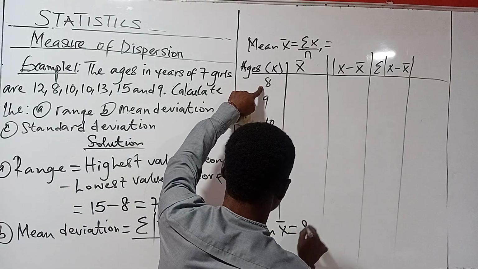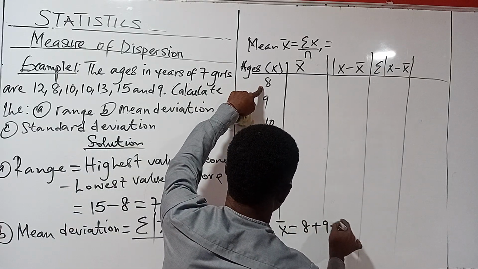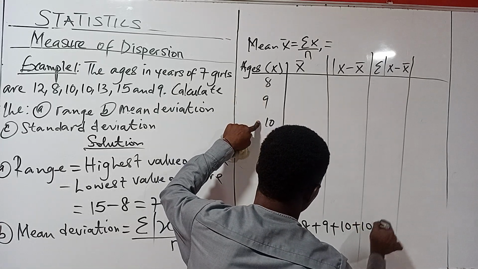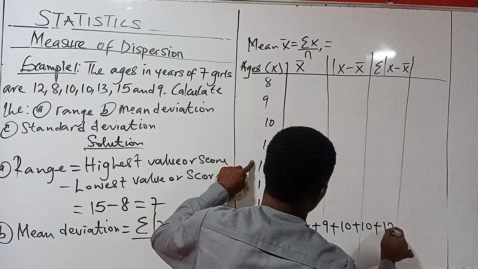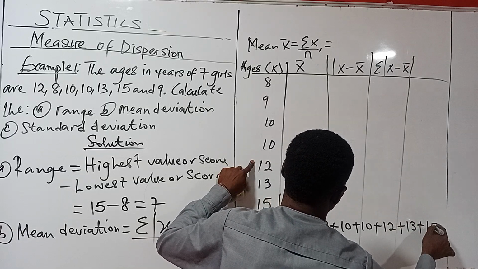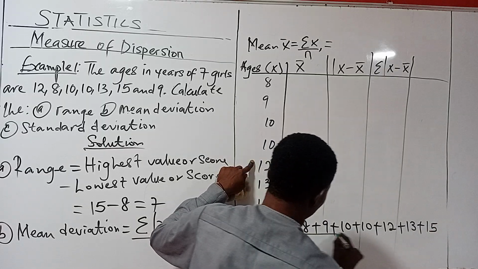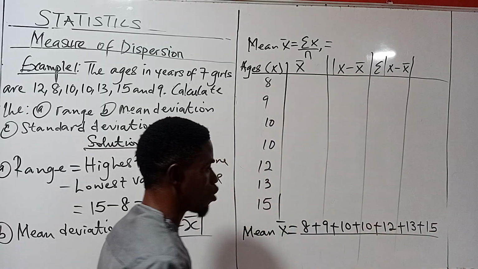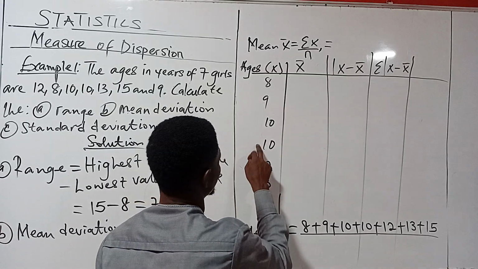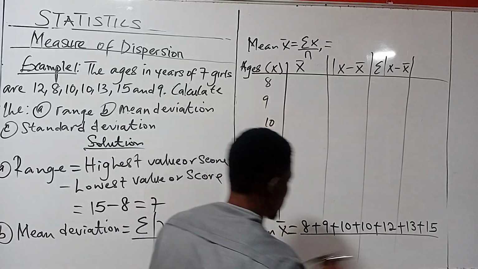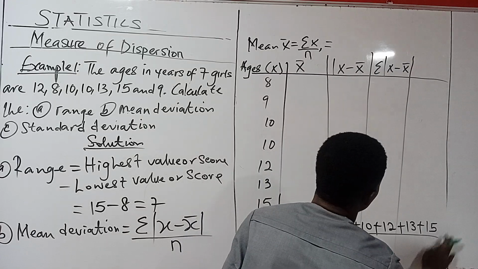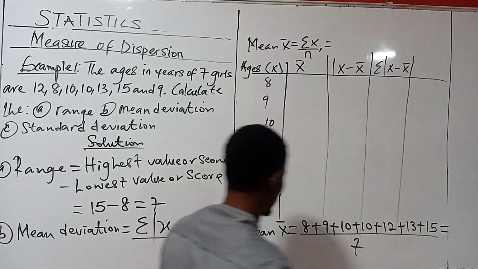We have 8 plus 9 plus 10 plus 10 plus 12 plus 13 plus 15, then all over the number of the scores: 1, 2, 3, 4, 5, 6, 7. Divided by 7.